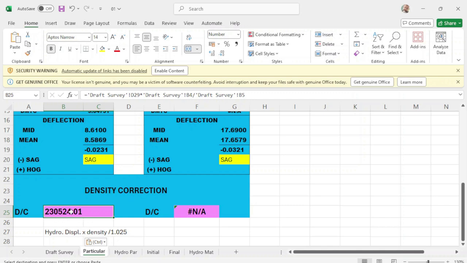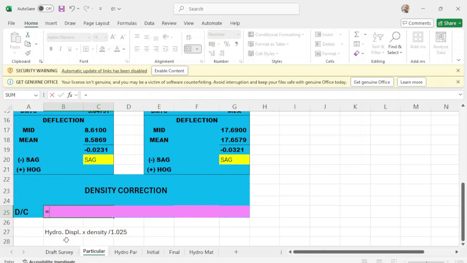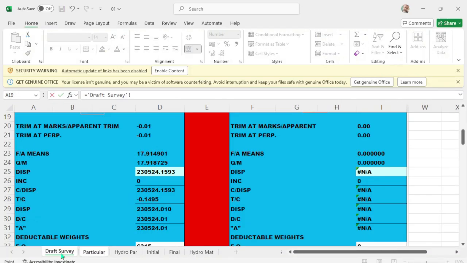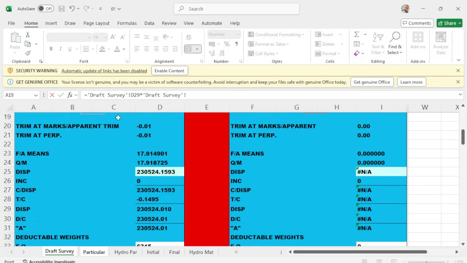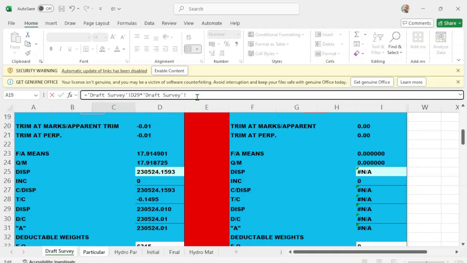Put here equals. You go now to the hydrostatic displacement, which is this one. After applying this trim correction, this is a displacement. So you click this one, and it says times, multiply. What is the next? Density. You apply with the density, which is this one.